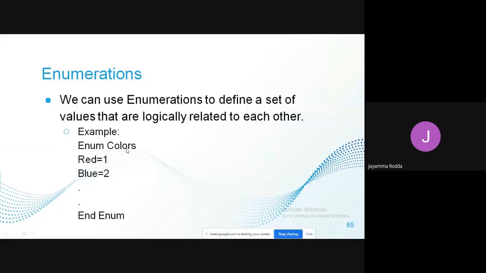Colors is the variable name. Here you are defining a user-defined type, and Red, Blue, and all the other colors will be assigned the respective values 1, 2, and so on, to whichever colors you want, and it is ended with the keyword End Enum.